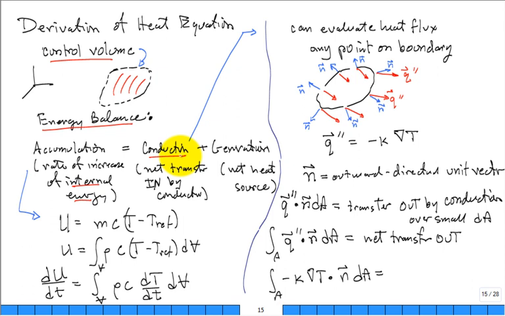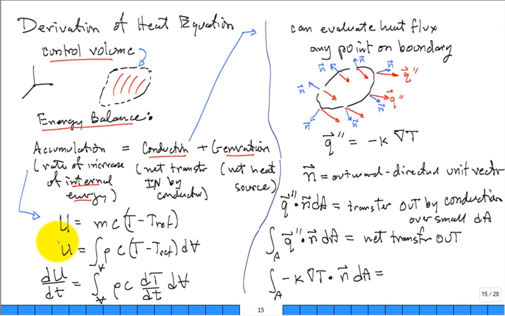If I have more conductive heat transfer from across the boundary into it, then it's going to go up. But if the net conduction is negative in, then it's out. It's going to make it cooler with time. As well as we could have some generation. We talked about that already. Think of electric resistive heating showing up.